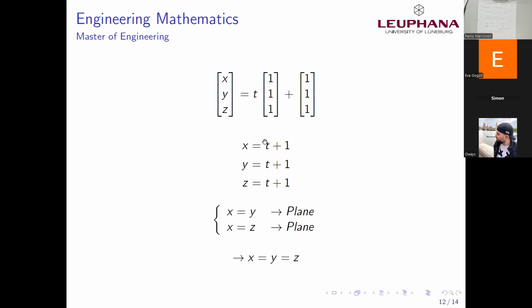Look, combining the first two equations, I have x equal y. Clear, no? I mean, how can I eliminate t? Do you remember the idea to represent in geometrical form? Because this expression, x equals t plus 1, y equals t plus 1, z equals t plus 1, is the physical expression.